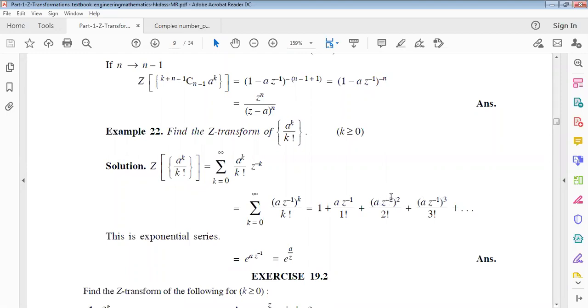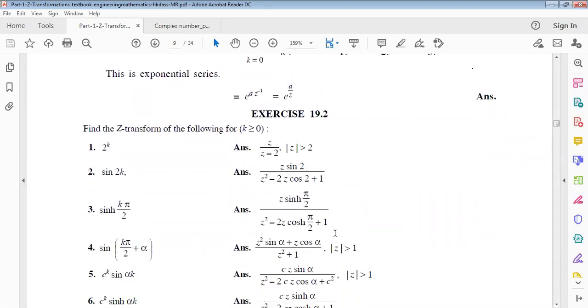As z to the power minus 1, this will be minus 1, not 2. There is a printing mistake. Every term will be x. So in the e to the power x formula, this will be e to the power a by z. This is the Laplace Z transformation of this sequence.